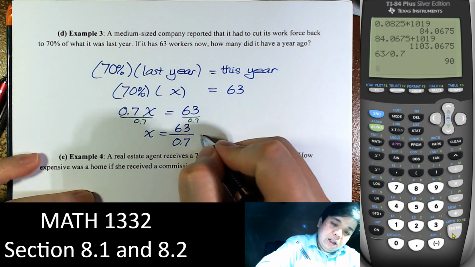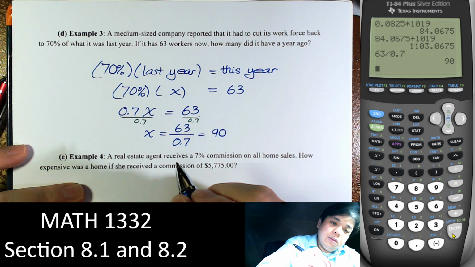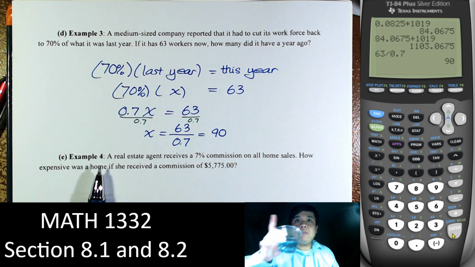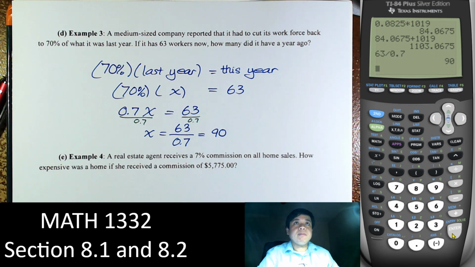So that is 90. So last year was 90 times 70% is 63 for this year.